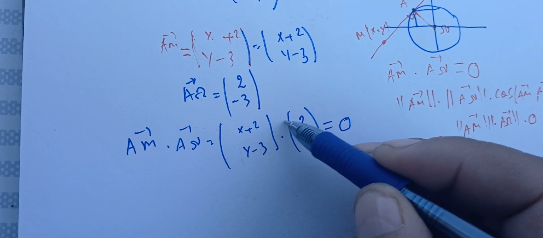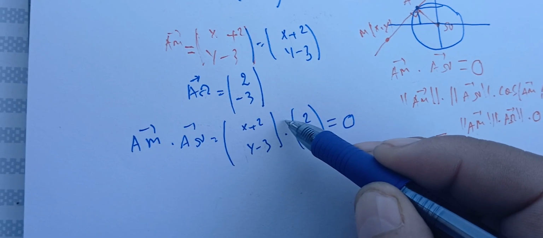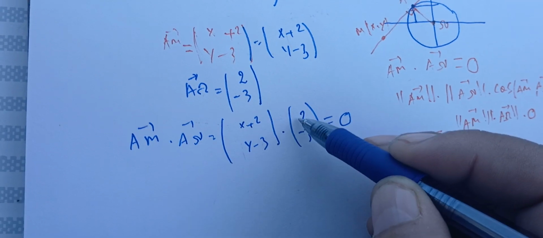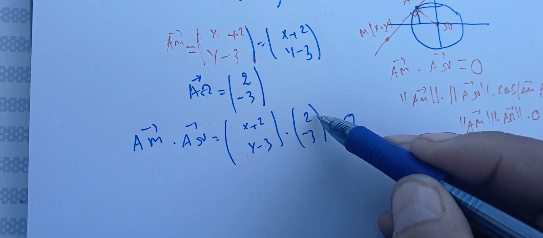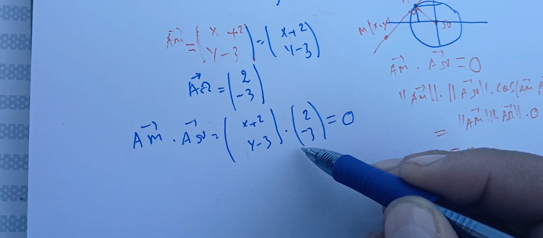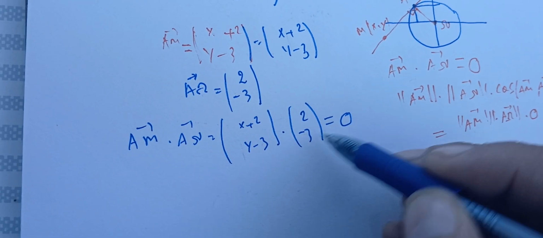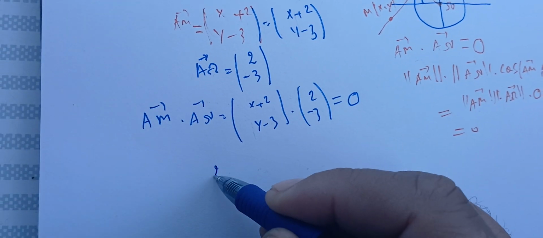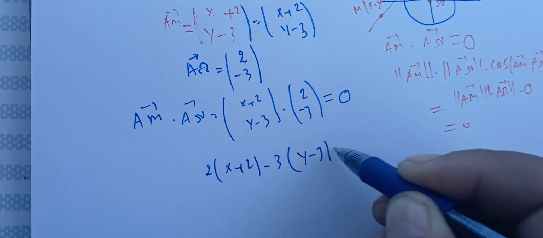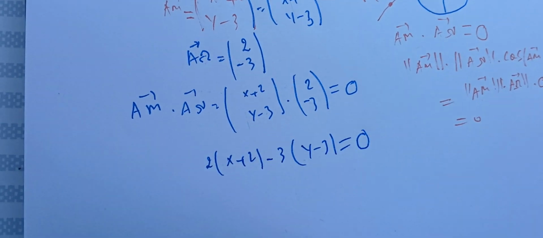We multiply component-wise: the x coordinate of the first vector times the x coordinate of the second vector, and we add the y coordinate of the first vector times the y coordinate of the second vector as well. So we have 2 times (x plus 2) minus 3 times (y minus 3) is 0.